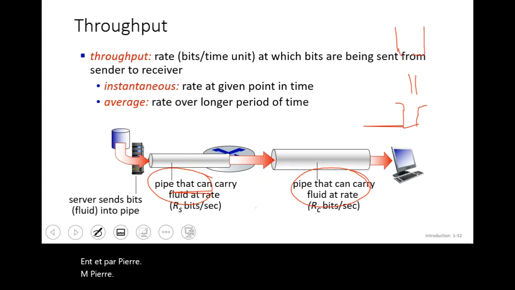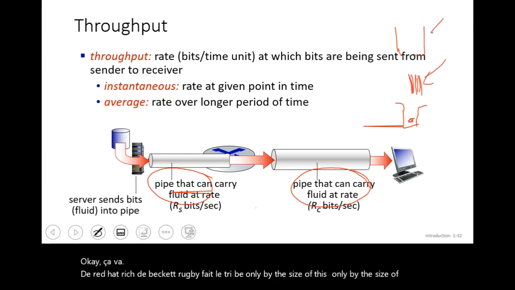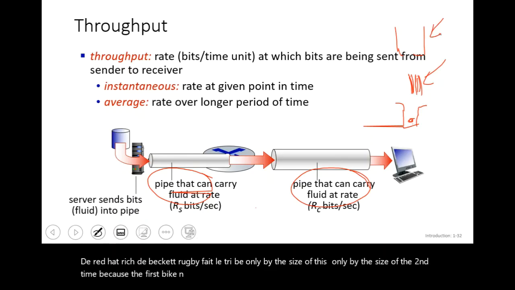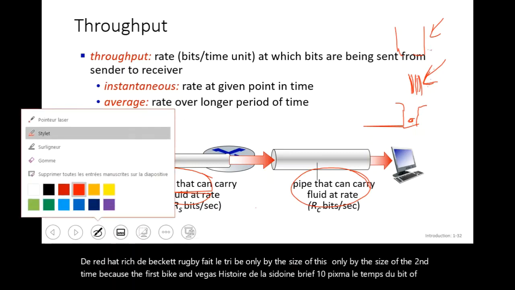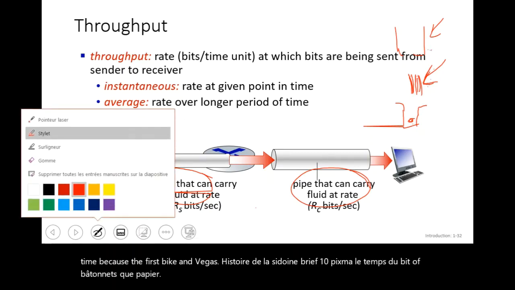The rate at which the bucket will be filled will be only by the size of the second pipe, because the first pipe can be as big as it wants, but if this pipe is small, then there will be a bit of bottleneck up here for obvious reasons.